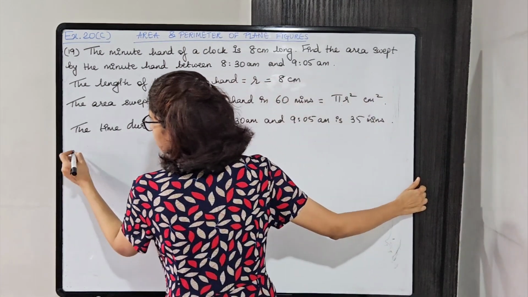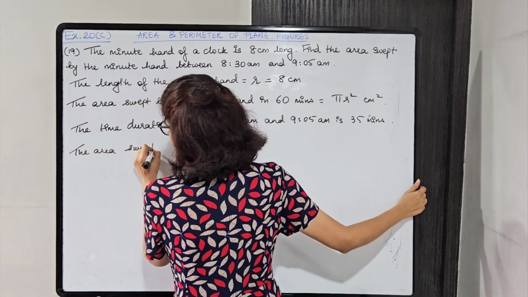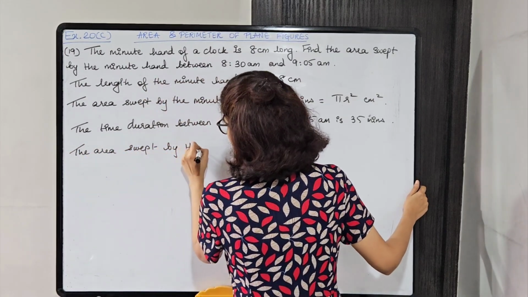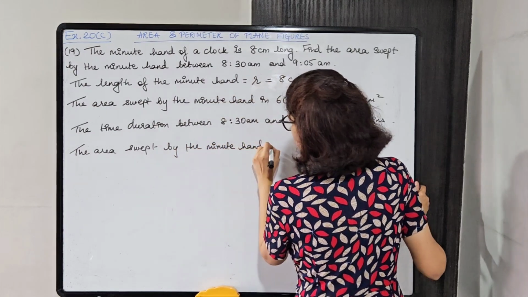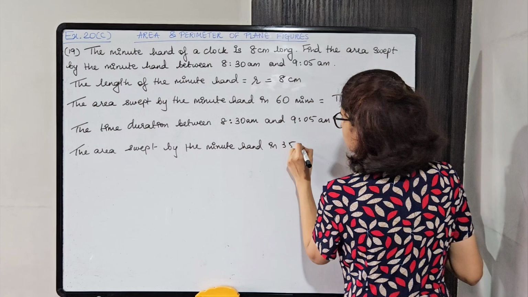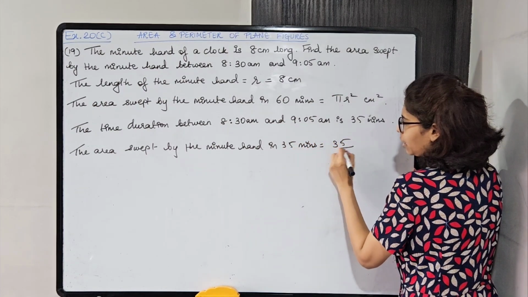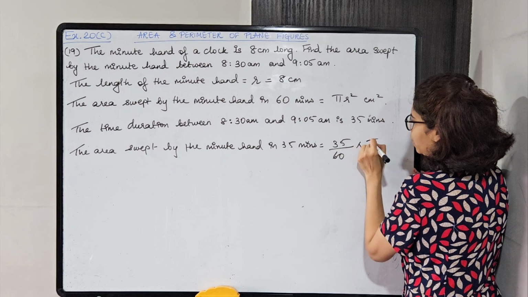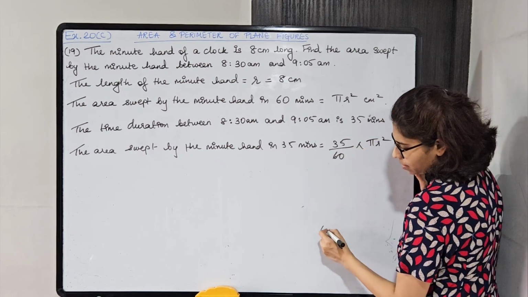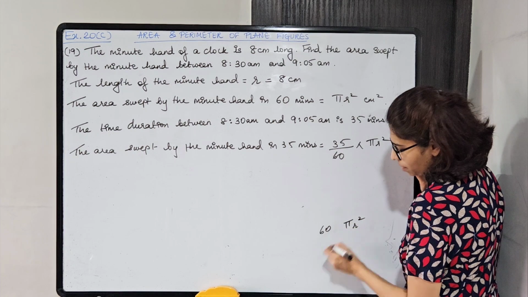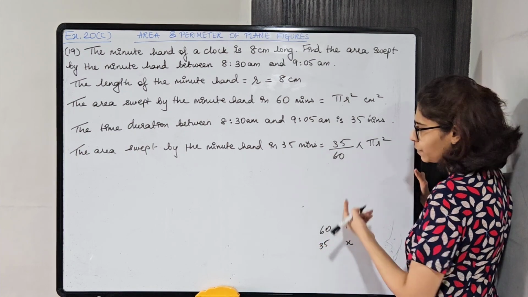So the area swept by the minute hand in 35 minutes will be 35 by 60 into pi r square, है ना? 60 में pi r square, तो 35 मिनट्स में x क्रॉस मल्टीप्लाई करो, सॉल्व करो, यही मिलेगा.